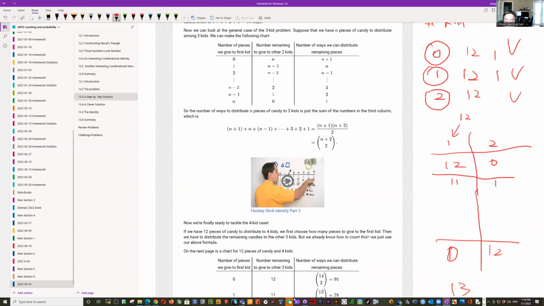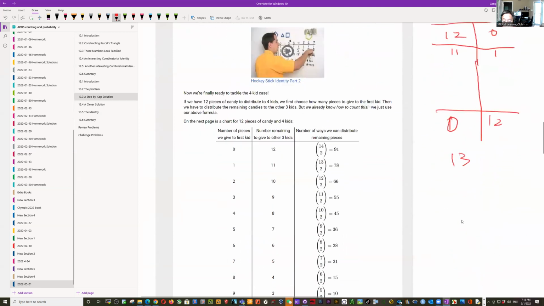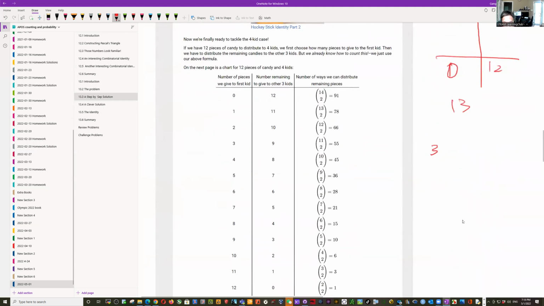Then let's say, how about 3 kids? So 3 kids, let's break down the problem and build upon the 2 kid problem.